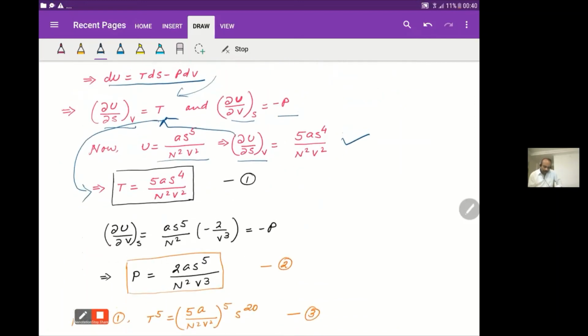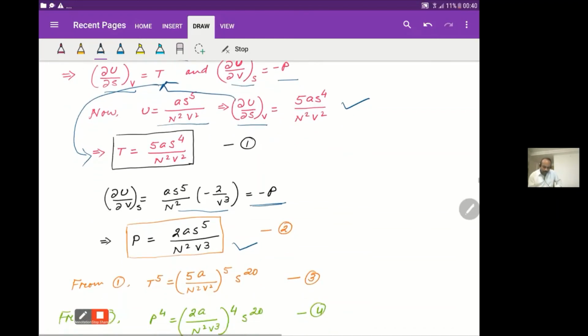Similarly, we can take del U by del V, keeping S constant. That gives us AS to the power 5 by N square times minus 2 by V cube, and that is equal to minus P. Therefore, P is equal to 2AS to the power 5 by N square V cube.